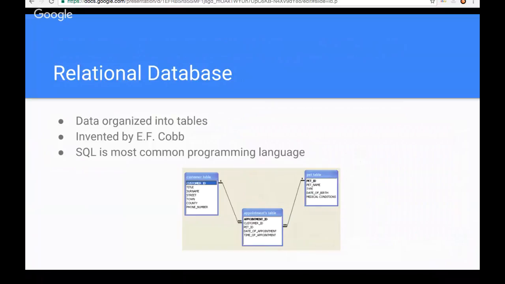As you can see in this graphic down below, there are three different tables: a customer table, an appointment table, and a pet table. All three rely on one another to function properly, and all three are critical in the function of the database. Relational databases were also invented by E.F. Codd in 1970, and SQL is the most common programming language of relational databases.